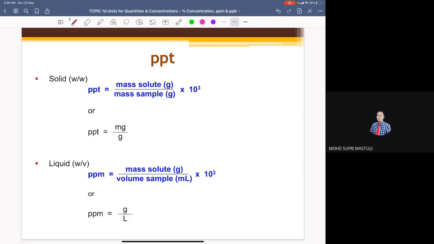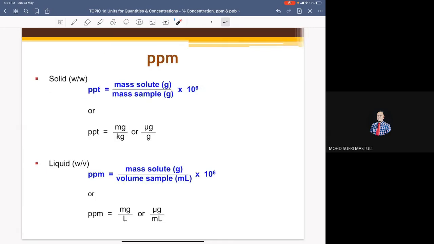For the solid, it should be weight per weight, gram over gram times 10 to the power 3. 10 to the power 3 means it is 1000. Liquid is weight per volume. It should be gram over ml times 10 to the power 3.